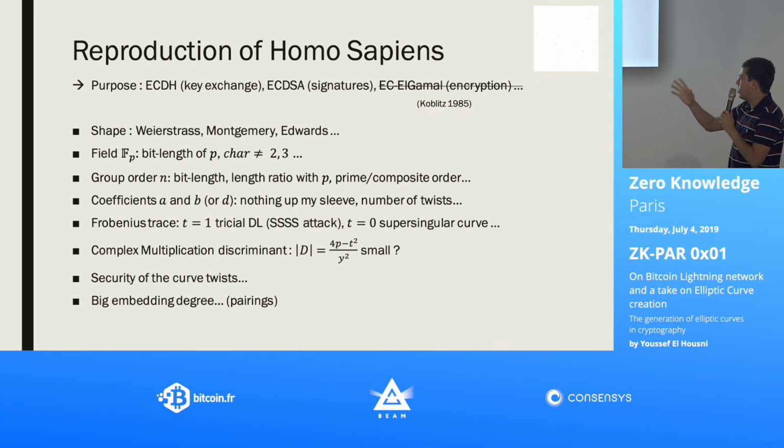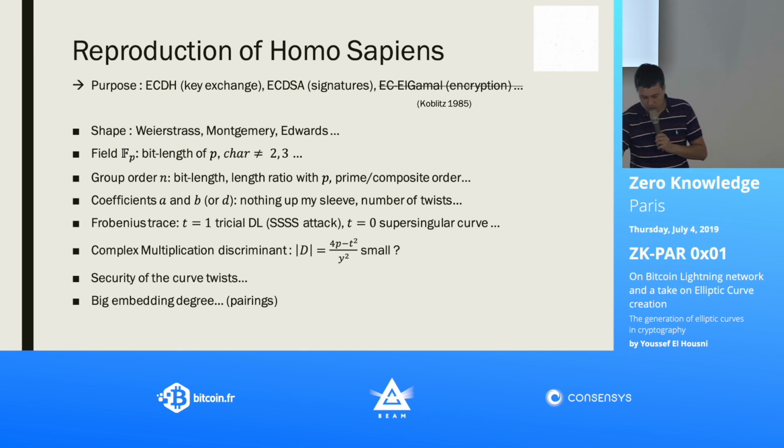It is an attack that uses some periodic transformation, but the idea is just that the discrete logarithm is easy. If t is equal to 0, you will find that it is a very specific elliptic curve called supersingular, and it has some security concerns as well, and some other conditions. We will explain them when we talk about pairings.